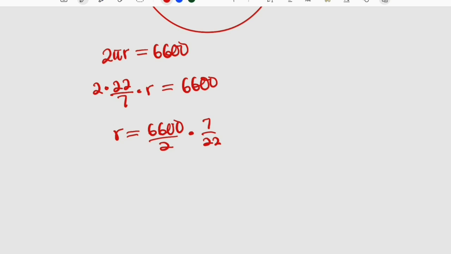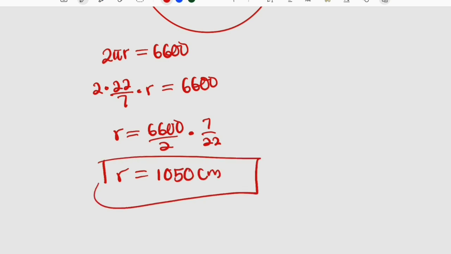That is 46,200. If we divide by 2, that will be 23,100. Then we divide by 22, and that would be 1050 centimeters. So this is the radius of the circular floor.